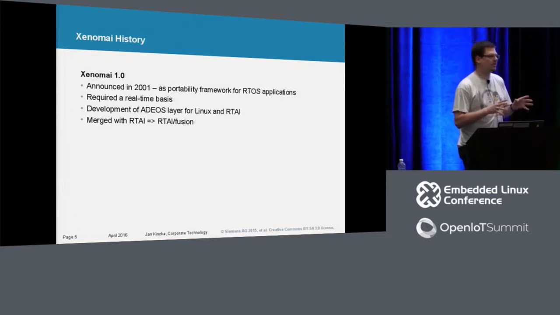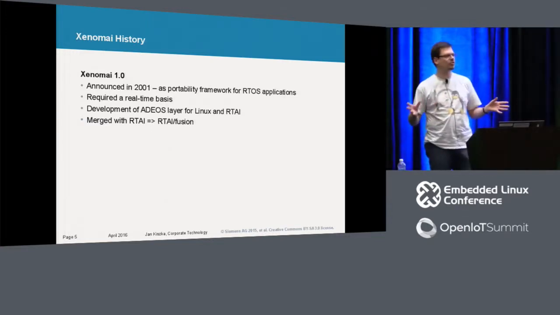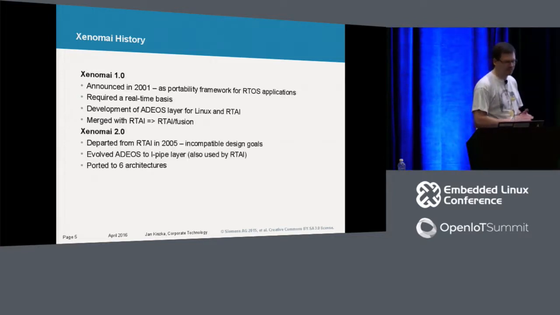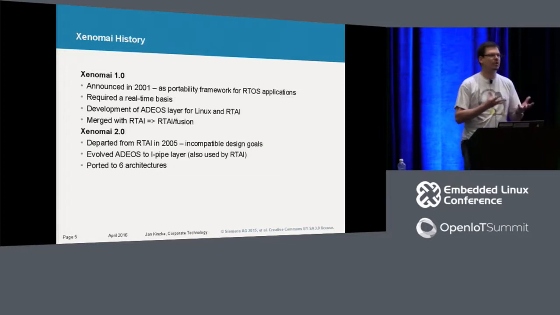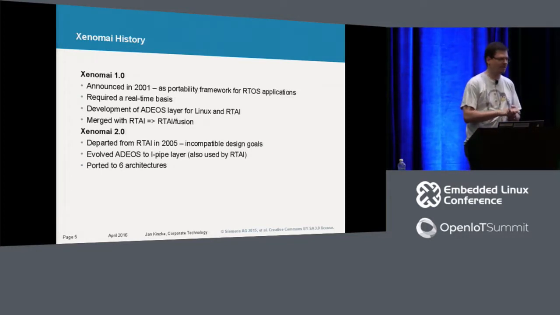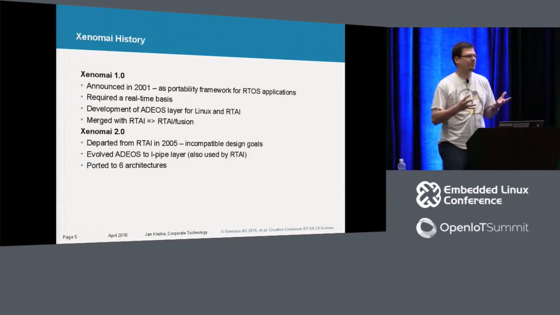So at this point, the Xenomai core also got merged into the RTI project, known as RTI Fusion. For a while, it looked like it being the future of RTI. But then again, it became clear that these two projects really didn't get along. So Xenomai departed again from RTI in 2005, simply because of different incompatible design goals.